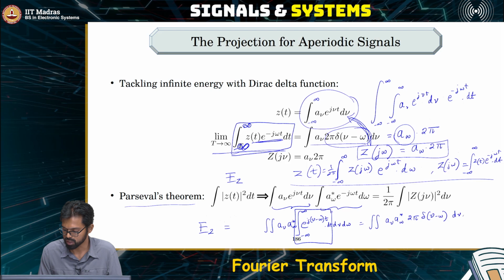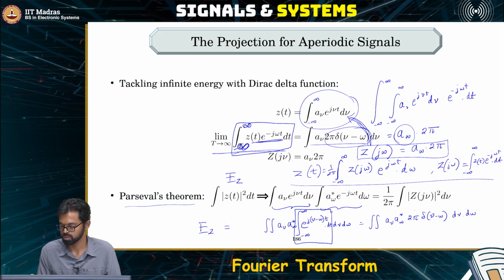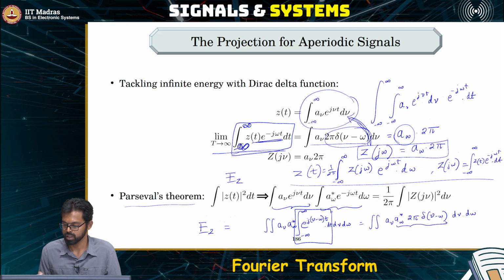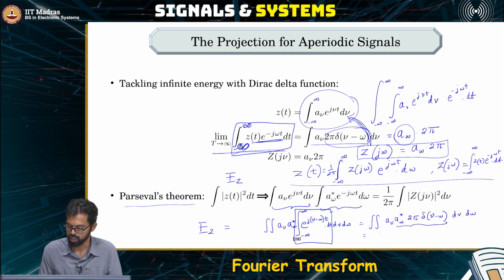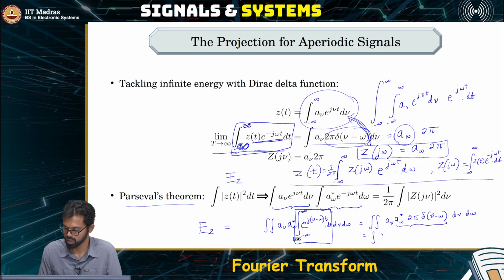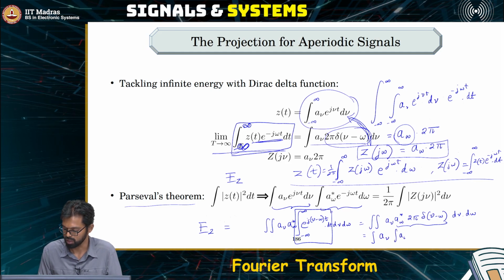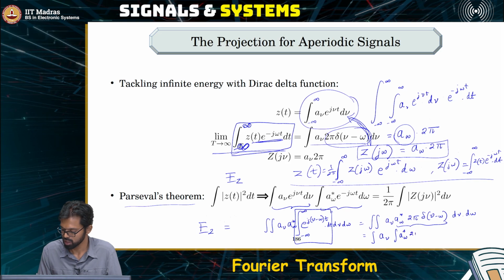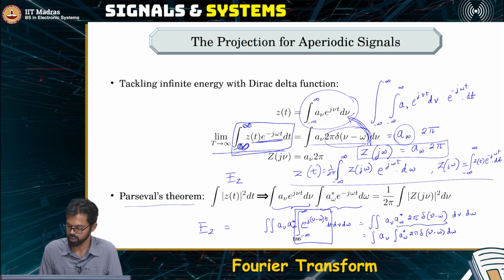So we'll use that result here. If we use that result here, what do we get? Now evaluate this integral first. If you evaluate that integral first, then we would end up getting the integral of a of nu times a omega star times 2 pi, d omega d nu.